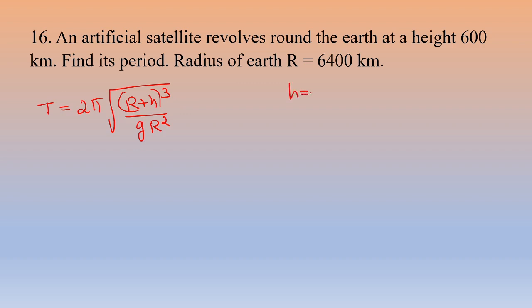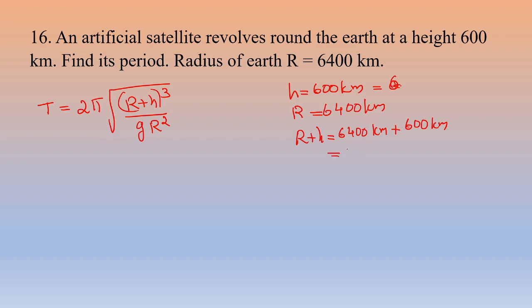Let us write, we are given the value of height h is equal to 600 kilometer. Capital R, the radius of the earth, is equal to 6,400 kilometer. Now the R plus h is equal to 6,400 kilometer plus 600 kilometer.